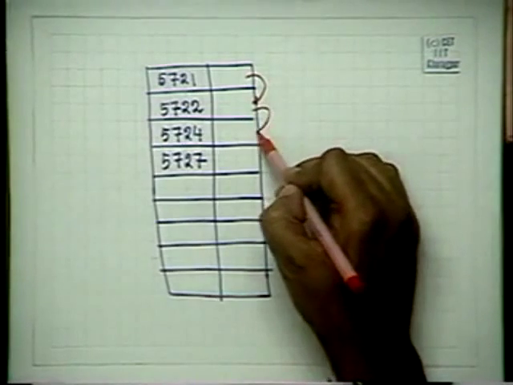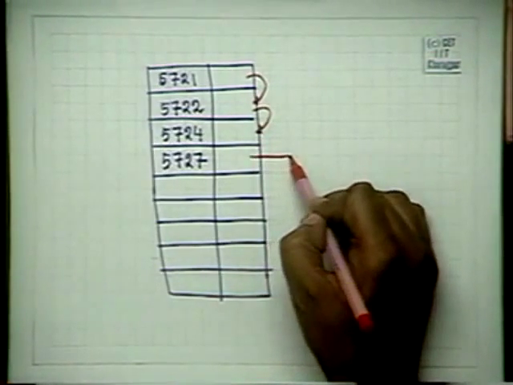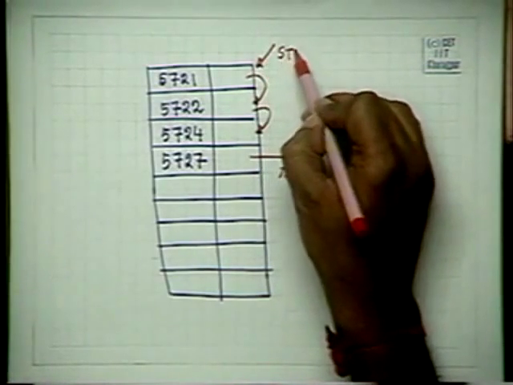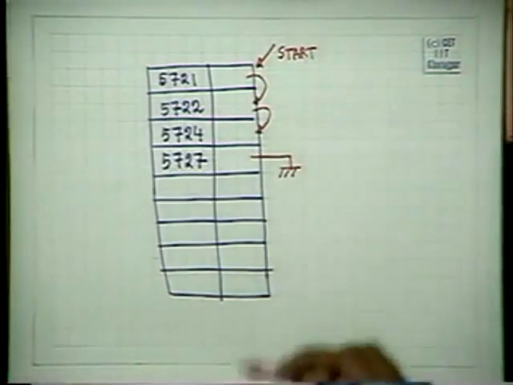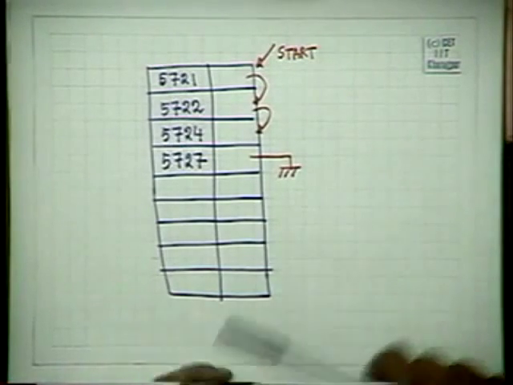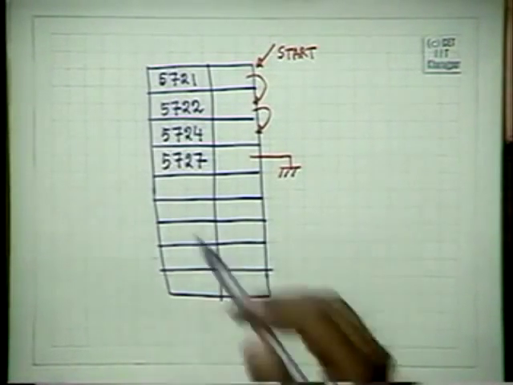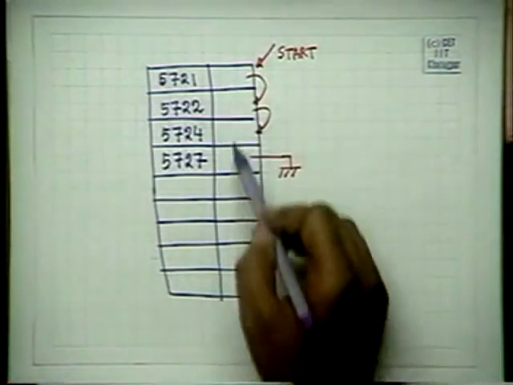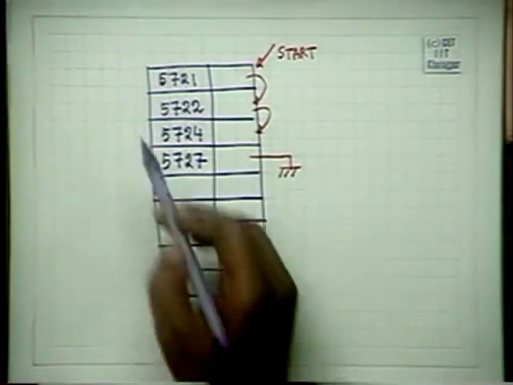This is the structure at the beginning of the day, let us say. I am drawing the available ones as another pointer, but this area can itself be used for the available pointers.